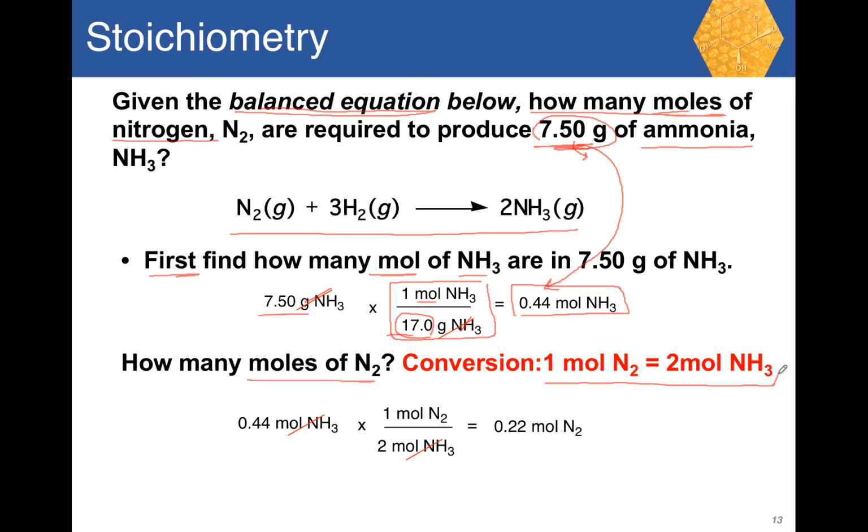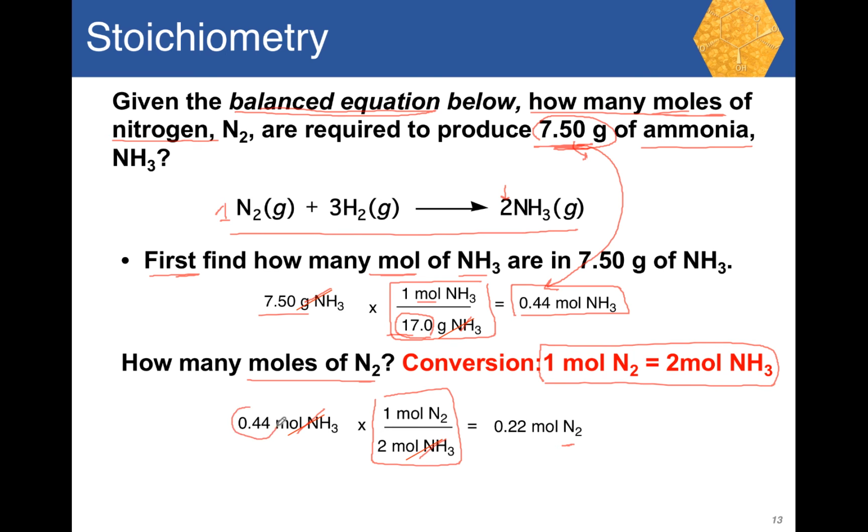Now the question becomes, how many moles of nitrogen? The conversion factor is still the same from our balanced equation: 1 mole of nitrogen gives 2 moles of ammonia. So we set up our conversion factor here so that ammonia cancels out, because we really need nitrogen.